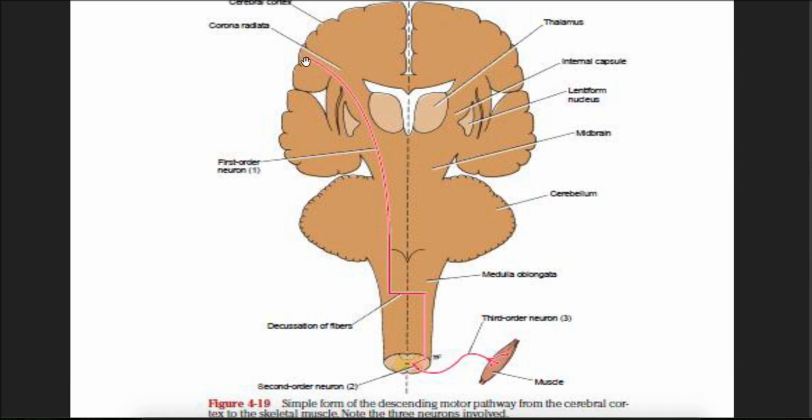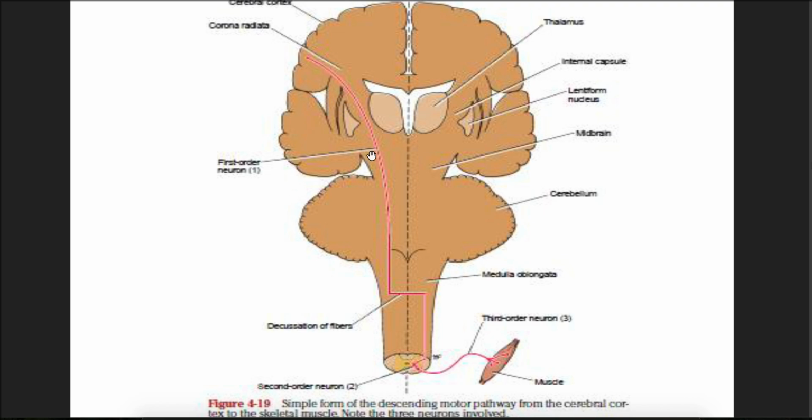So first order neuron from any higher center like the cerebral cortex, then crossing to the opposite side, descending in the spinal cord, and when it enters into the anterior column of the anterior horn of the spinal cord, that's the second order neuron, and from there you have the third order neuron which will go to the skeletal muscle. So this is a three neuron pathway.